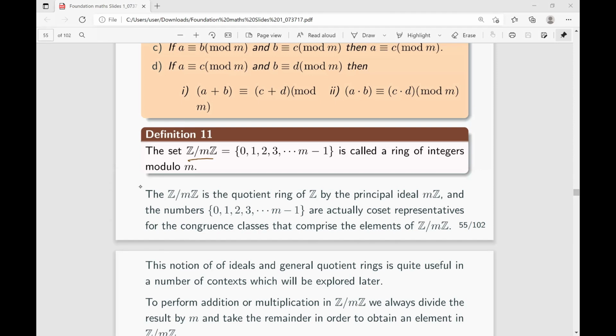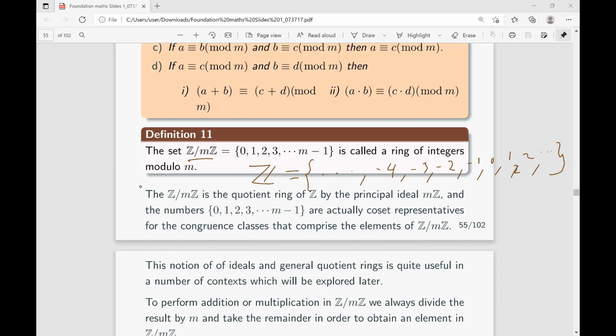And you know that Z is the set of integers. It's a set comprising numbers such as -4, -3, -2, -1, 0, 1, 2, and so on.